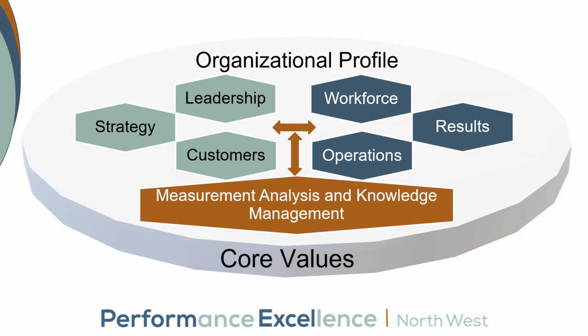Using the Performance Excellence core values, your organization's most important unique key factors are defined in the organizational profile. Then, by defining how your organization accomplishes its work in the 7 process and results categories, the organization will begin to understand its current level of performance.